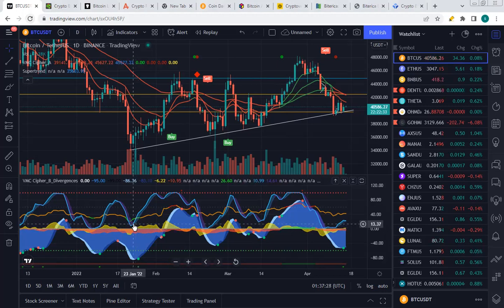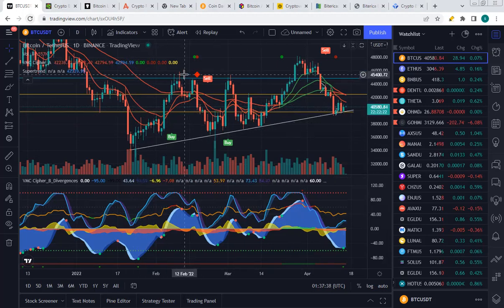We had a low stochastic and we had a low RSI at around 26. So that there preceded the nice move that we had to the upside, a movement from 34,000 to 46,000.